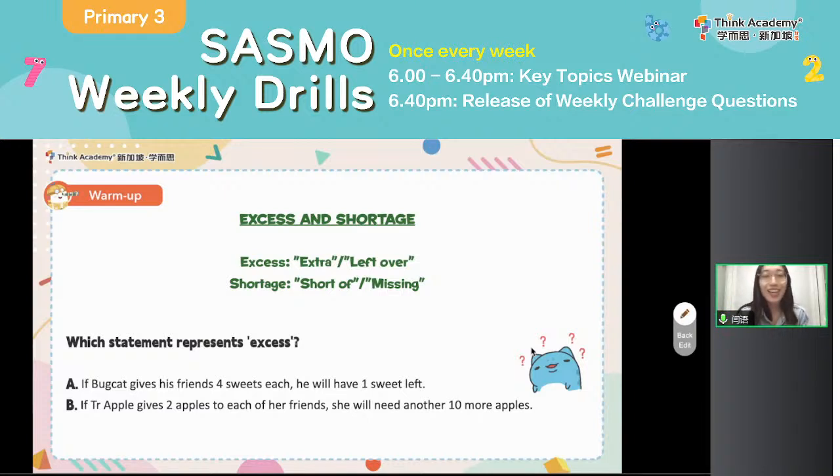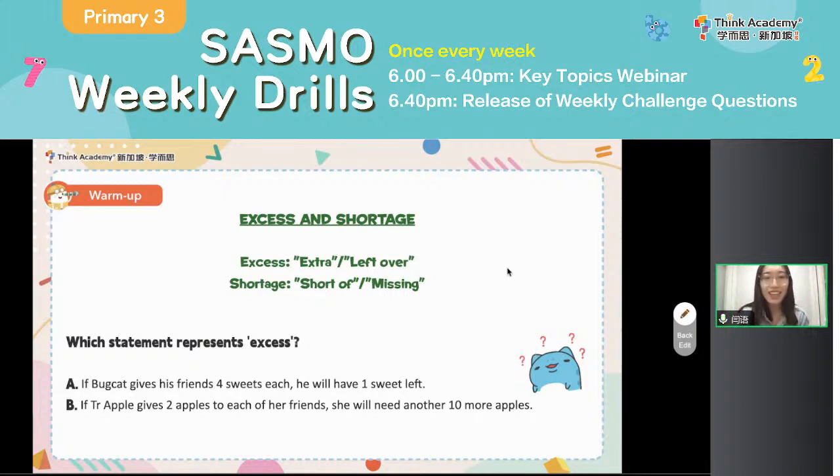Think about it. In which statement can you find that the number of objects is excess? A or B? It's kind of like an English reading comprehension problem, right? Okay, well done.